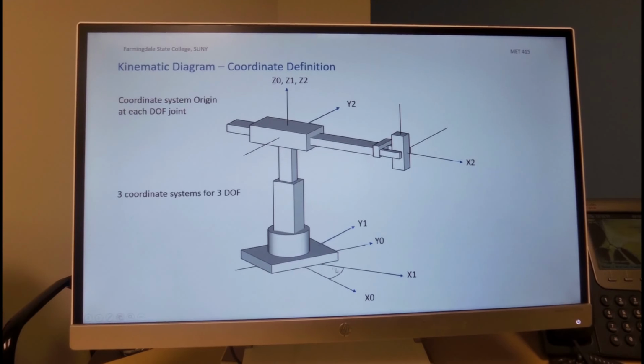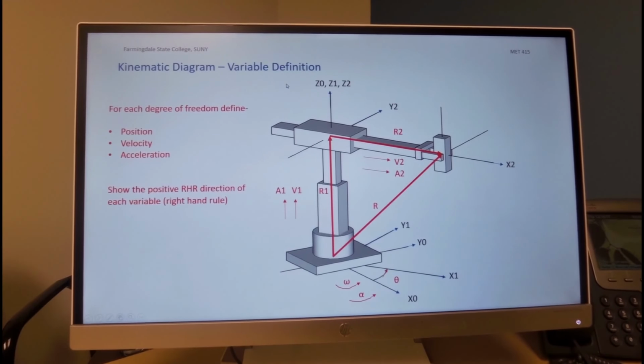Then the next coordinate system, which rotates about the inertial frame with the revolute joint, is x1, y1. Then the second joint is going to be located at some point along the z1 axis, and we define that coordinate system as x2, y2, and z2.